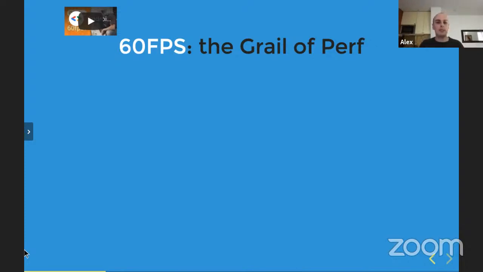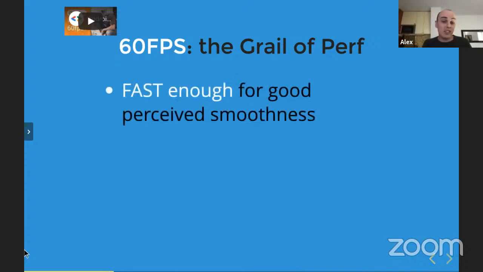It's created by quickly changing static images at a consistent speed. The speed here being 60 images per second, 60 frames per second. So on most devices, 60 is good because it's fast enough for good perceived smoothness. When you do an animation, it feels fluid enough.